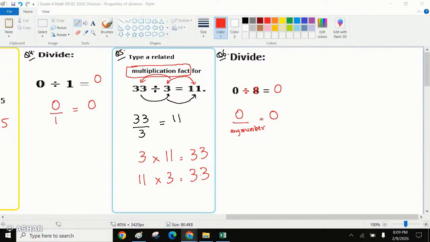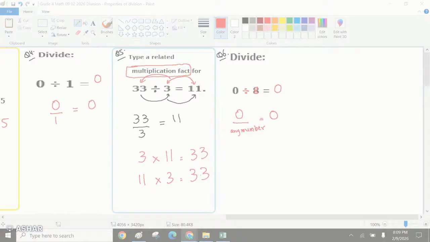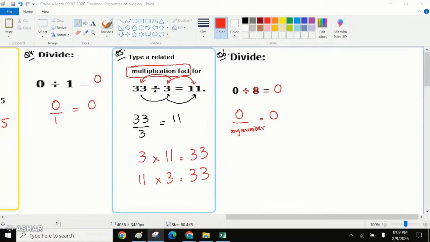Next question says, multiply these two numbers together, and I'll just add a statement and give a related multiplication fact. Okay.